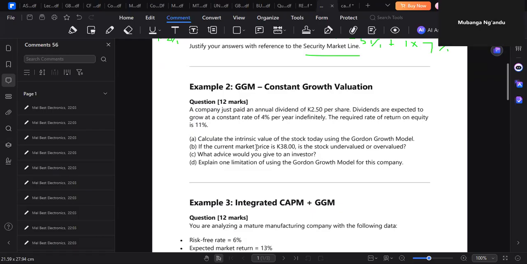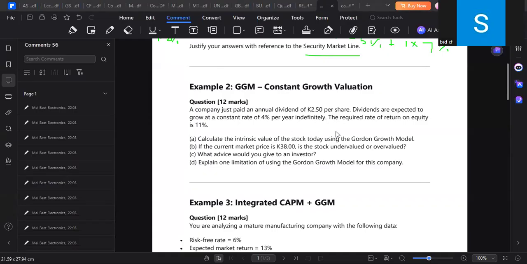The stock is selling for 38, but when you sit down and do the corporate finance calculation, you discover that the worth of that stock is 37. So they're overvaluing it. It's overvalued. That's the implication. Intrinsic value is the real value that it's worth, but it's not what it's selling for.